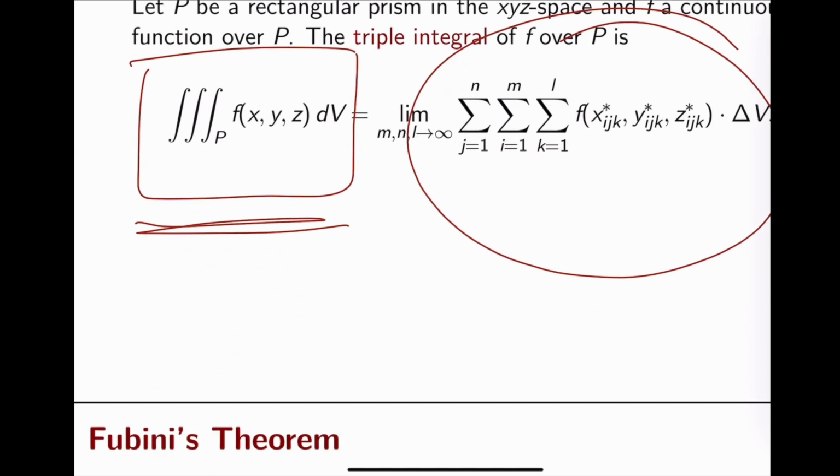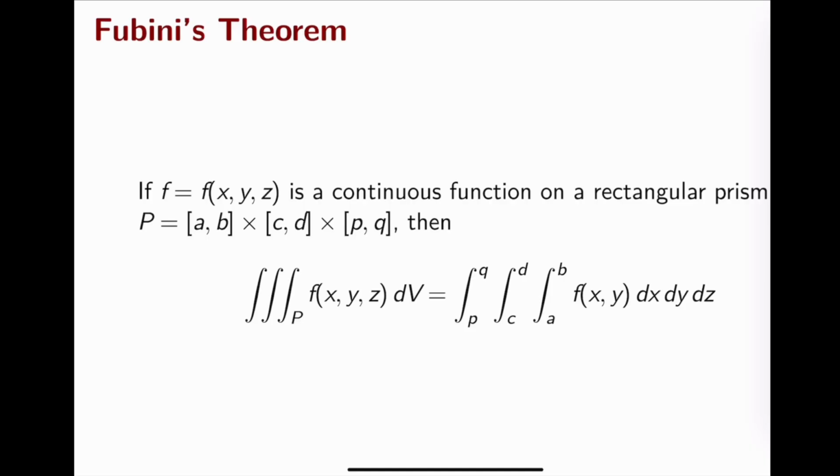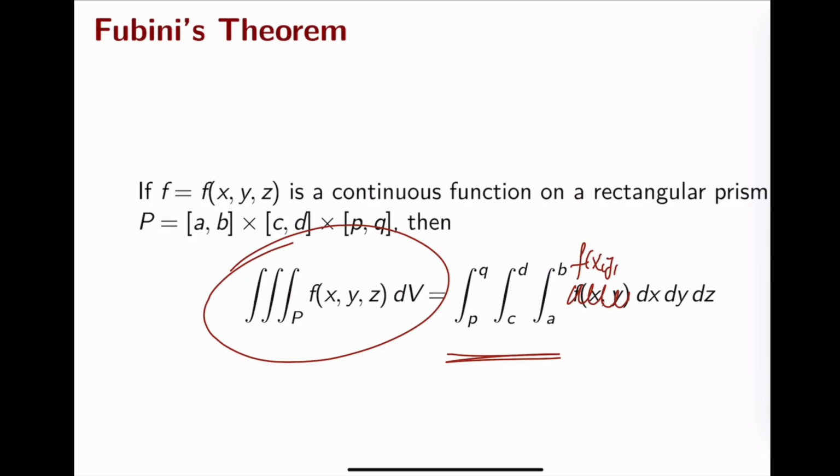And the way to calculate this is going to be given by Fubini's theorem, the version of Fubini's theorem for 3 components. What it says is that the triple integral is the same as calculating the integral of f(x, y, z), where the variables are x, y, and z.